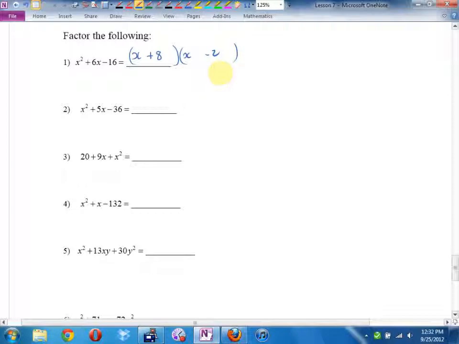Example 2. X squared plus 5x minus 36. GCF? No. How many terms? 3. Does it match our form from today? Hey, we can factor this by looking for two numbers that multiply to negative 36 and add to positive 5.